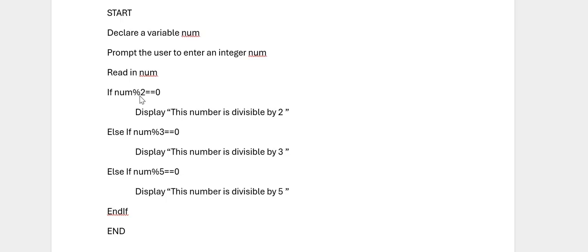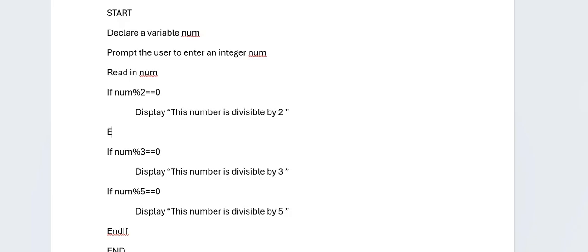But remember, previously I mentioned in the class that for selection control structure you can use either if, else if, and finally else, or you can also use separate ifs. If you want to use that approach for your pseudocode, you can write it in this way. But if you write it this way, you have to put an end if here.